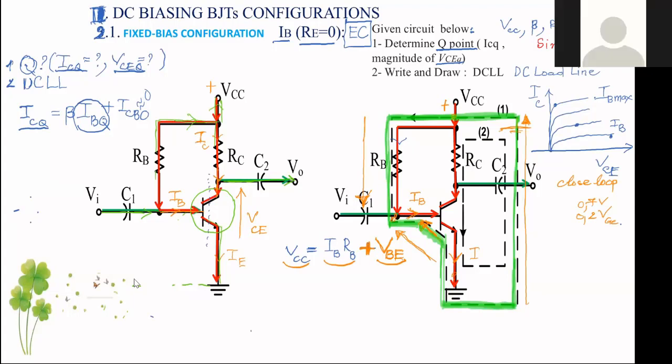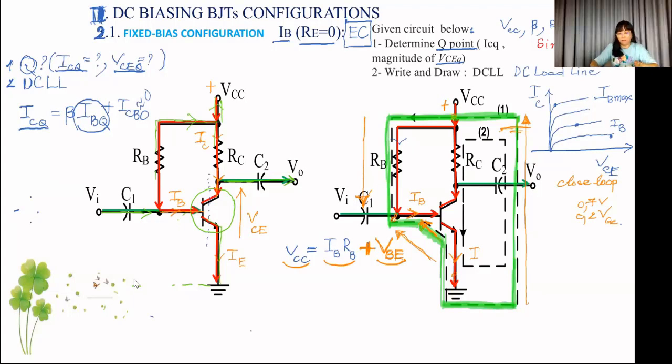And if we follow the Kirchhoff law, we have VCC plus Kirchhoff IB RB plus VBE, because we have the sum equal to 0.